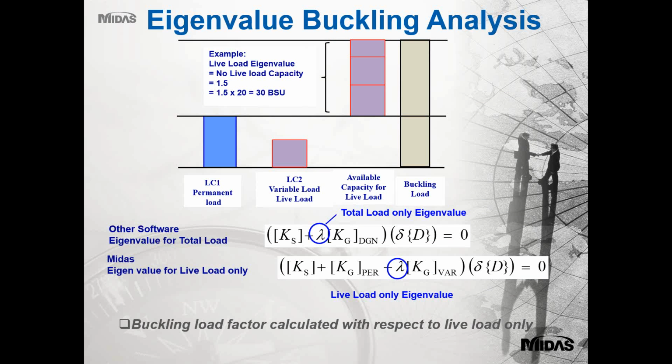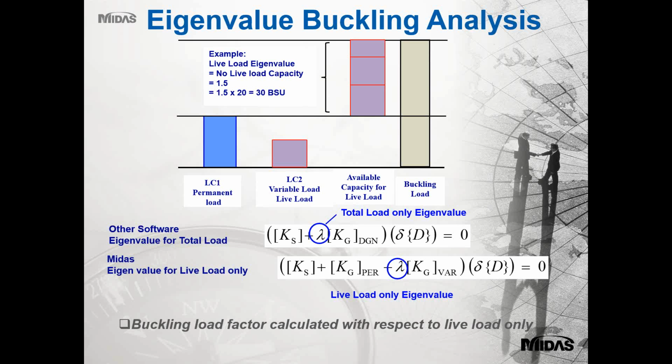Talking about buckling analysis, similar to the way we calculate the RA in the linear static analysis, a similar approach can be used for buckling analysis to calculate the RA or the rating of the bridge.